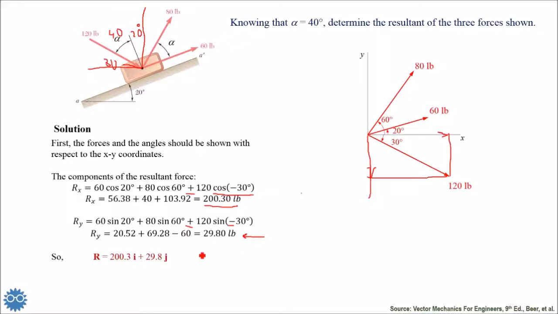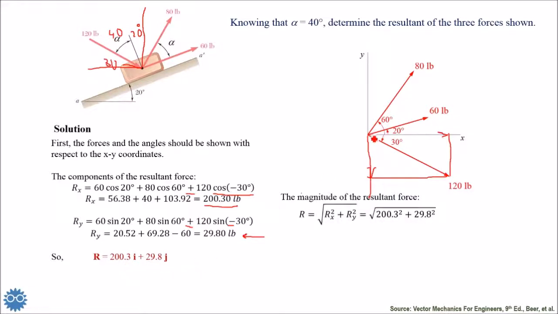Now we compute the values and get the y component of the resultant. Now we can express the resultant in the components notation, by using the unit vector in the direction of x and the unit vector in the direction of y. And we notice that the final values are positive. Both are positive.